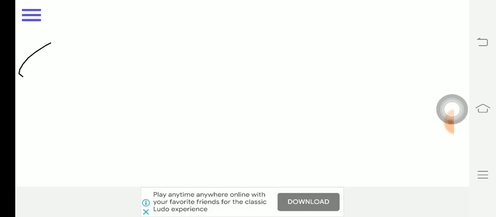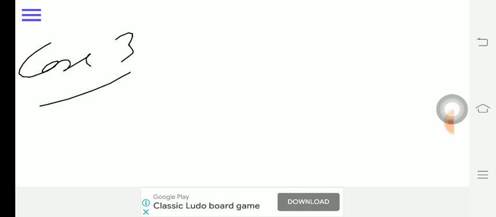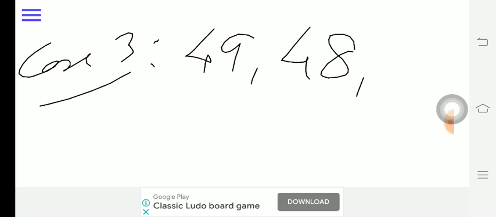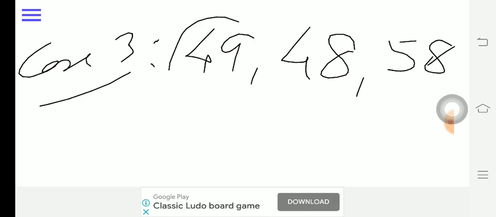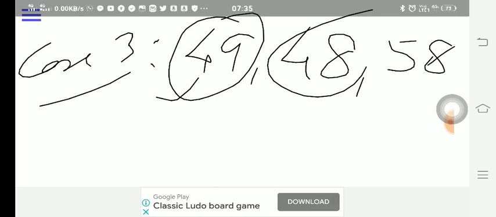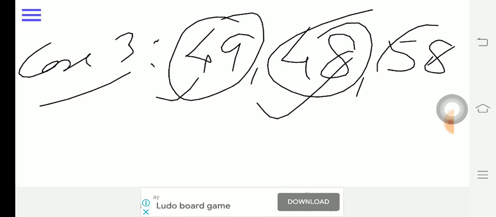Let us take case 3. Suppose you had got 49, 48, then 58. Check the first criteria: greater than 45, greater than 45, greater than 45.